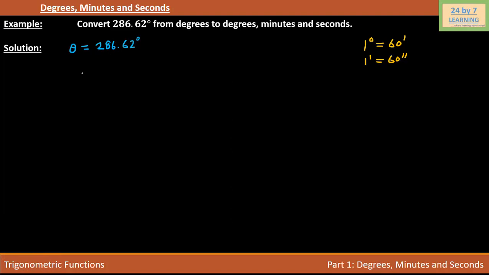Now what we are going to do is rewrite the value of the angle. I will write this 286 as 286 degrees plus 0.62 degrees.